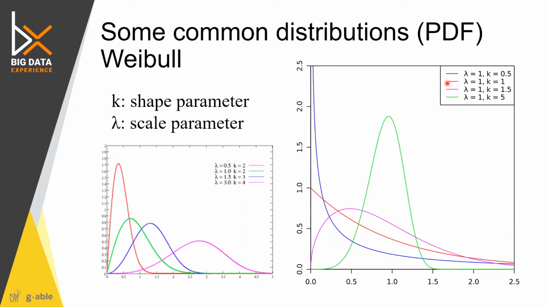But when k is more than 1, like 1.5 here in the magenta, you get something like the log-normal, and then when k increases to a large value, you get almost a normal distribution. Now, for the scale parameter, when you increase the scale from 0.5 to 3, you can see that the distribution shifts to the right-hand side.